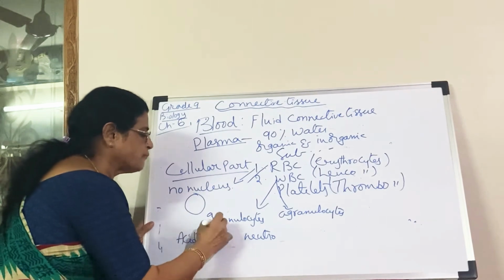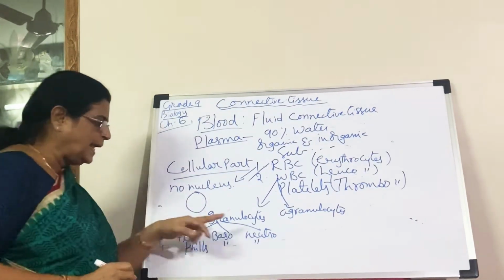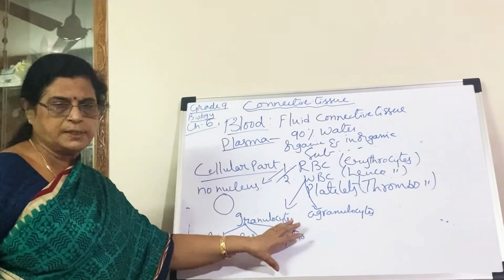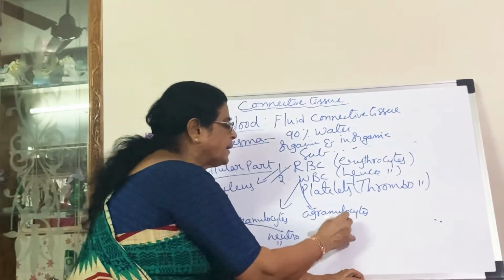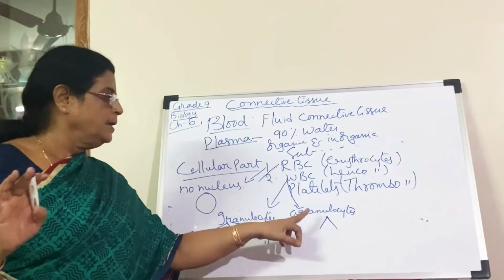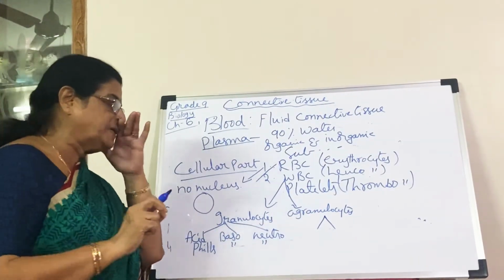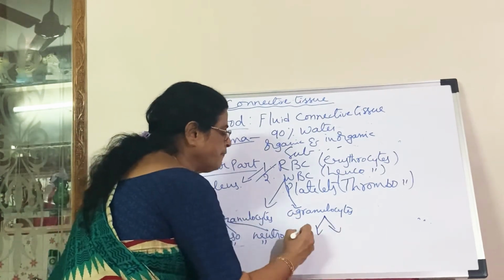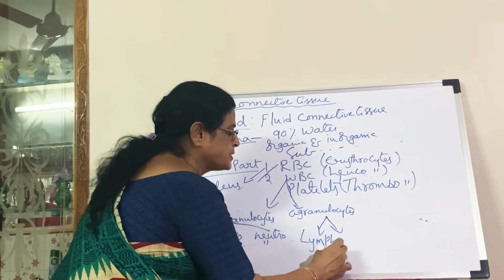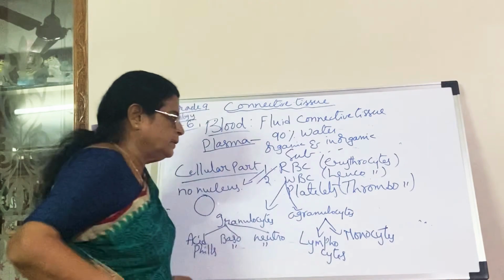Now, coming to agranulocytes, these do not have a granular structure in their matrix. They are divided into lymphocytes and monocytes.